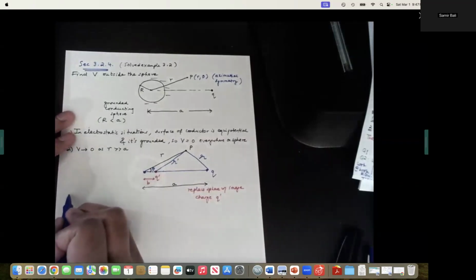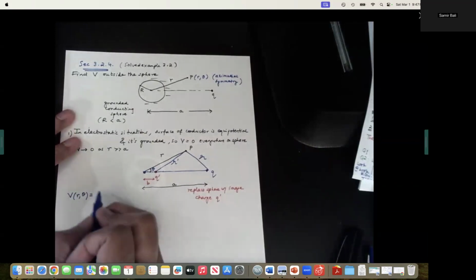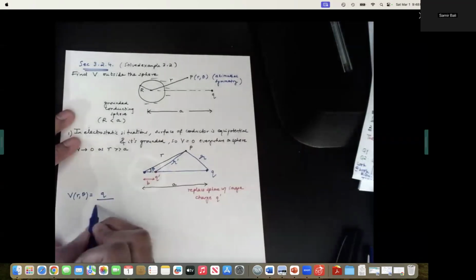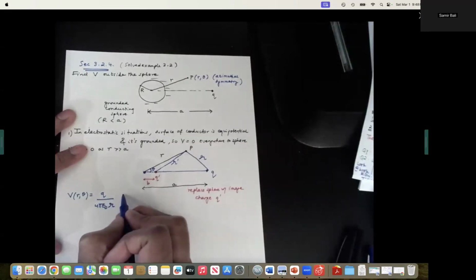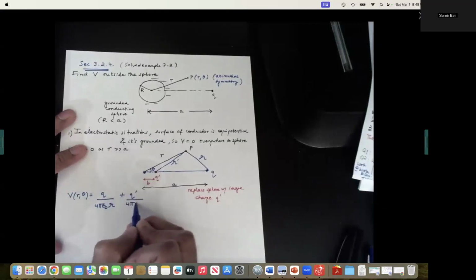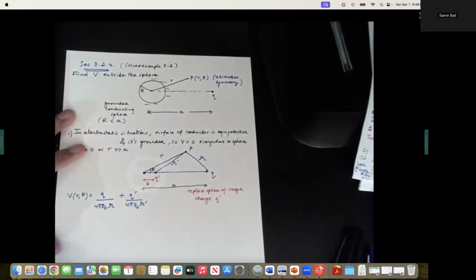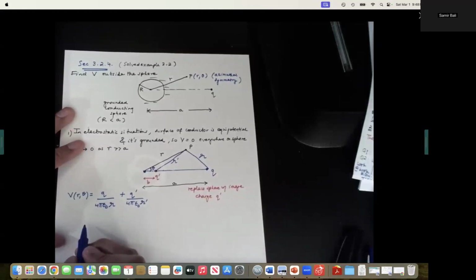I can just write out what the potential at P is. It is simply Q divided by 4 pi epsilon naught curly R. That's the potential from plus Q. And the potential from the Q prime is Q prime over 4 pi epsilon naught r prime. Let me write it out a bit more. This would be Q divided by 4 pi epsilon naught. And what is curly R?